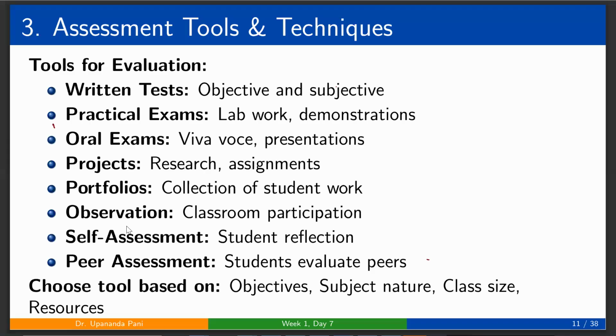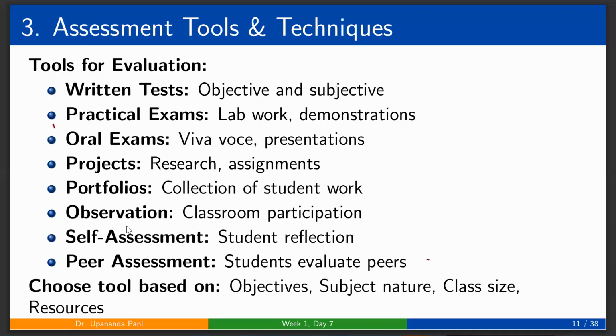Next, what are the different assessment tools and techniques? Tools for evaluation: written tests, both objective and subjective. Practical exams, lab work, demonstration. Oral exams, viva voce, presentation. Projects, research, assignments, portfolios, a collection of student work, observation, classroom participation, self-assessment, student reflection, peer assessment, where students evaluate peers.